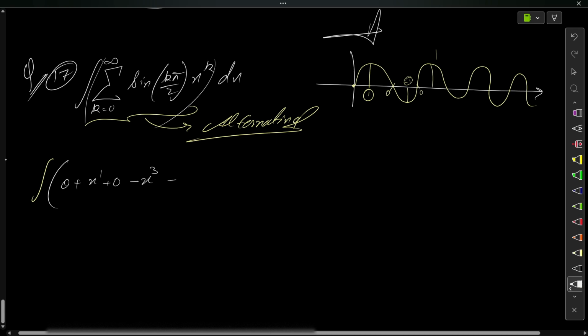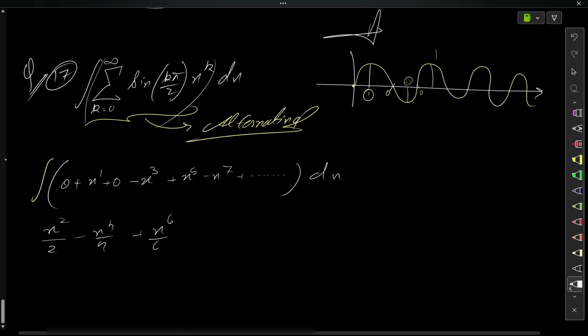And it would follow a similar pattern and so on, with respect to dx. Now I'll integrate it, so I'll be getting x squared by 2 minus x to the power 4 by 4 plus x to the power 6 by 6 minus x to the power 8 by 8 plus up till infinity.